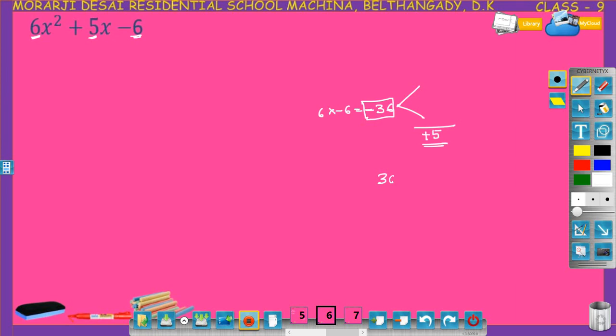Now look at the factors of 36. 6 6s are 36. 36 can be written as 2 18s, 4 9s, 12 3s, 18 2s, and 36 1s.